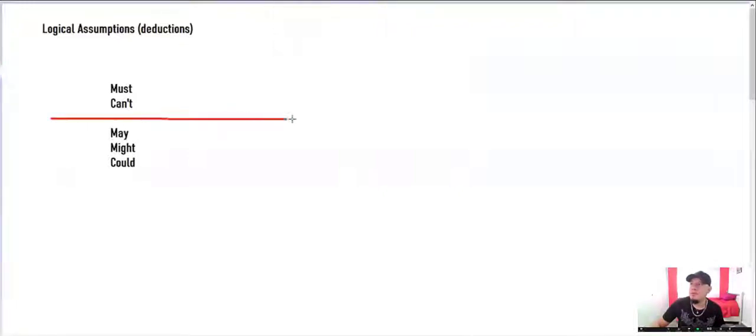The first group is what we call strong. I mean that they express a strong assumption, a strong deduction. Whereas the second group, that is may, might, and could, we call weak, right? Meaning that they express a weak assumption, a weak deduction.